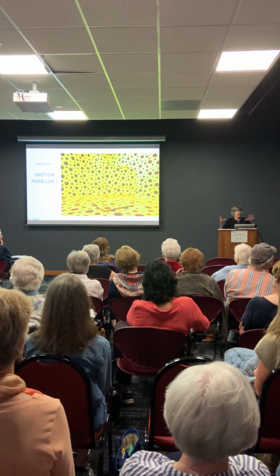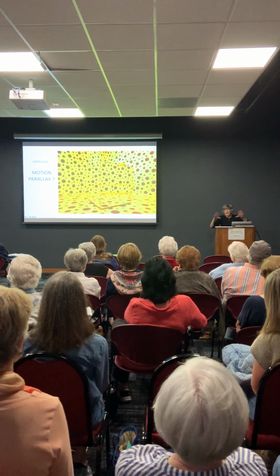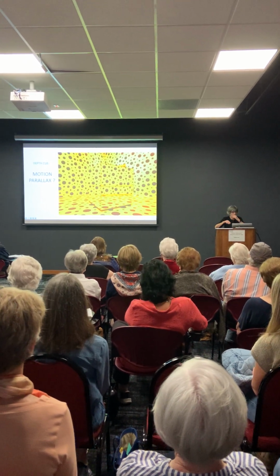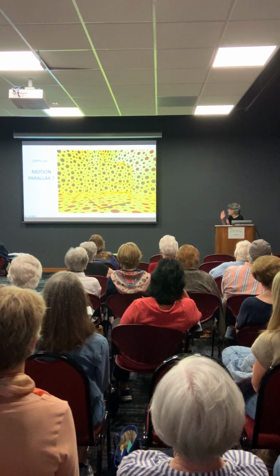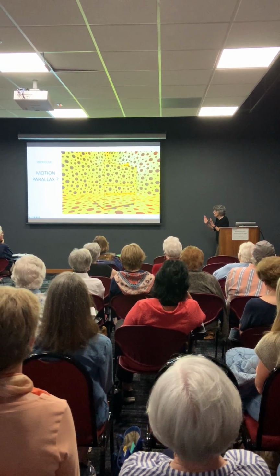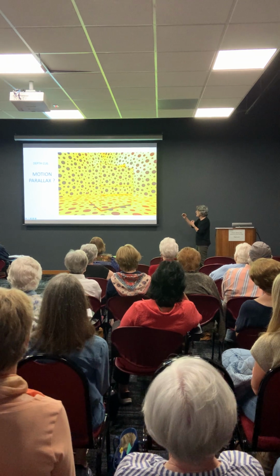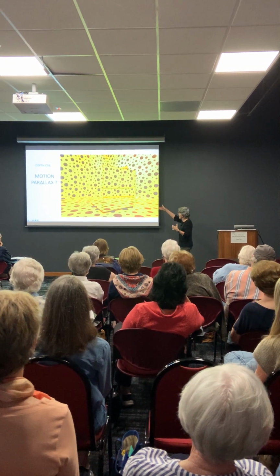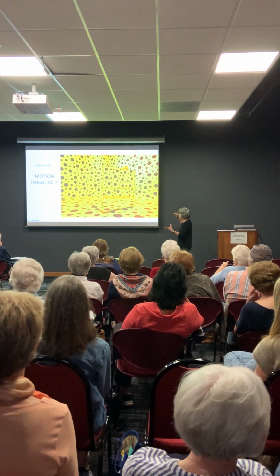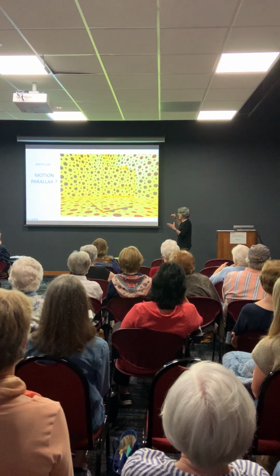So this is a room that's all painted yellow with black polka dots, and in the middle of the room is a mirrored cube. So if you're just standing still, it's really hard to disambiguate the polka dots on the cube from the rest of it.